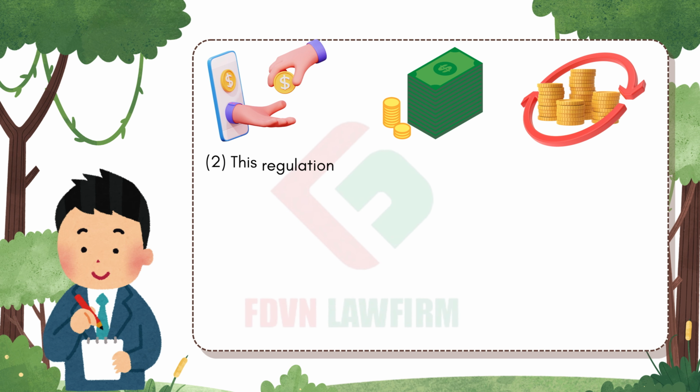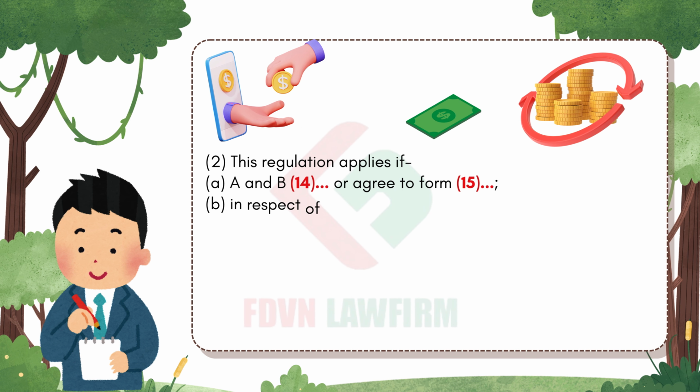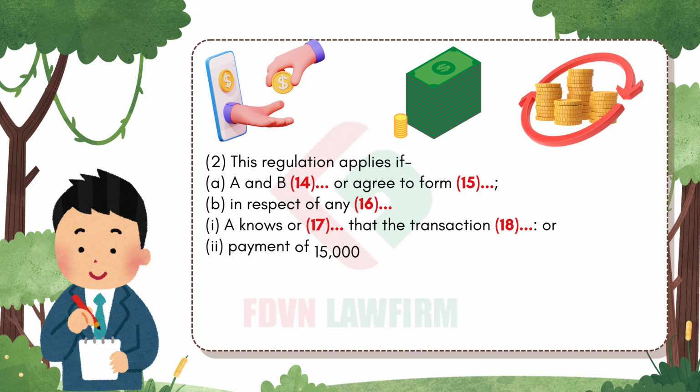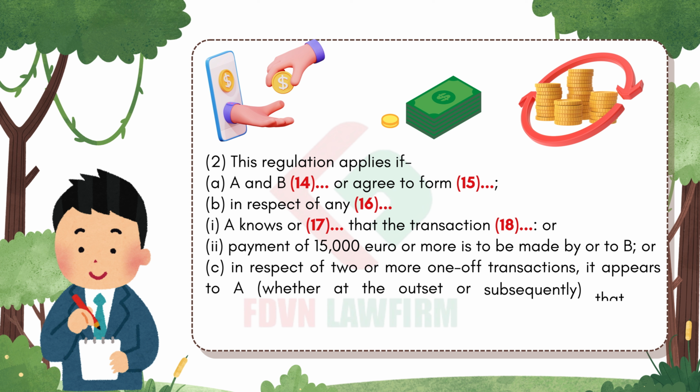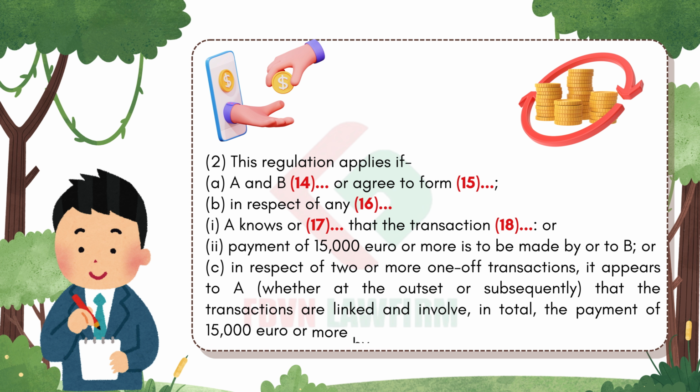This regulation applies if A and B form, or agree to form, a business relationship, b. in respect of any one-off transaction, A knows or suspects that the transaction involves money laundering, or a payment of €15,000 or more is to be made by or to B, or c. in respect of 2 or more one-off transactions, it appears to A, whether at the outset or subsequently, that the transactions are linked and involve, in total, the payment of €15,000 or more by or to B.